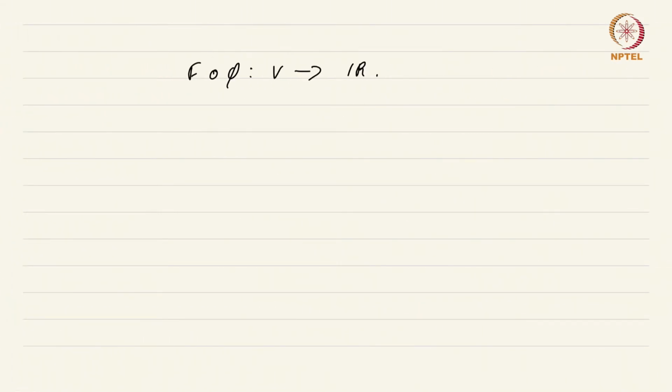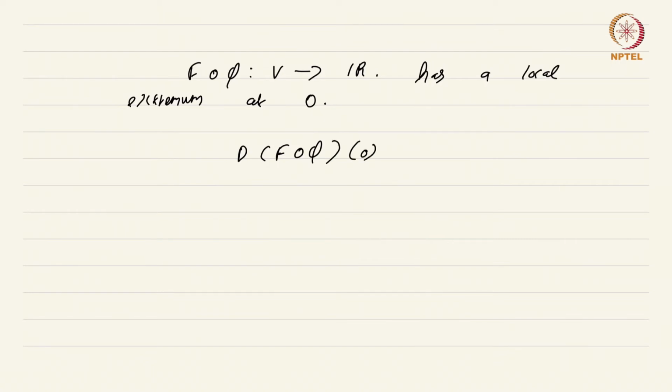Okay, so f composed with phi has a local extremum at 0 by hypothesis. That means the derivative of f composed with phi at 0 must be 0. Now, how does this help us?